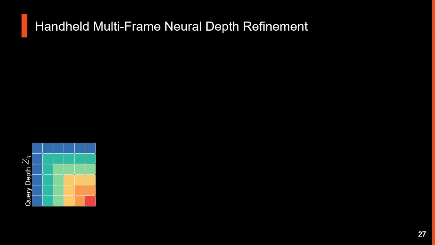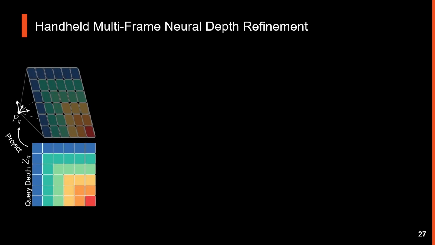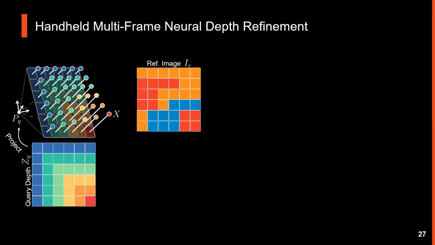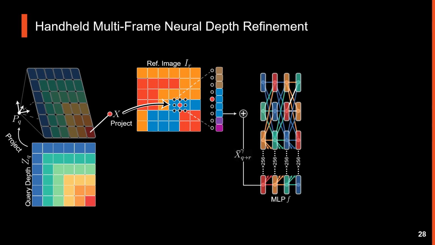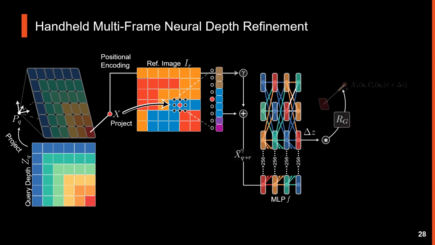We take a point on the query depth map, project it to the world coordinate frame, and sample the corresponding space on the reference image. For training stability, we sample a pixel neighborhood to form an RGB vector, which we pass into our implicit depth network, along with a positional encoding of the original query depth point. Rather than directly output depth, our network outputs a depth correction term, hence depth refinement.